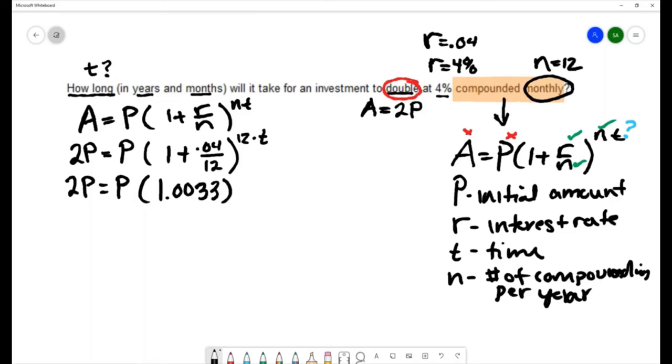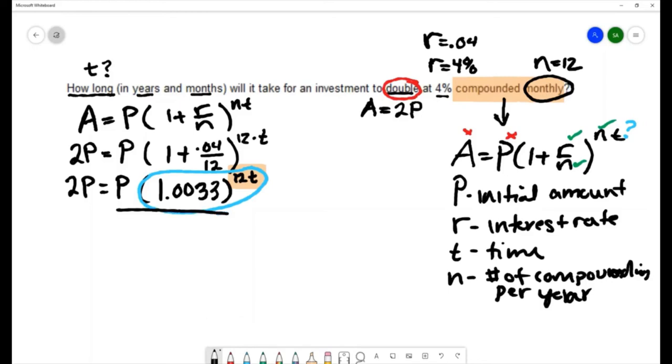And in the exponent, we have 12t. Now this is an exponential equation. Our goal is to solve for this value of t. To solve this exponential equation, I first need to isolate the exponential. Our variable we're trying to solve for is t, and it's attached to this base of 1.0033, and I need that isolated on one side of the equation.